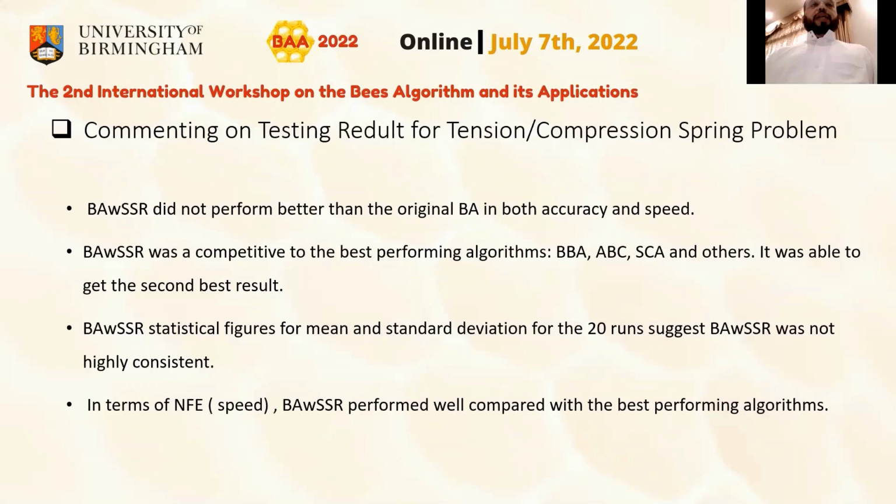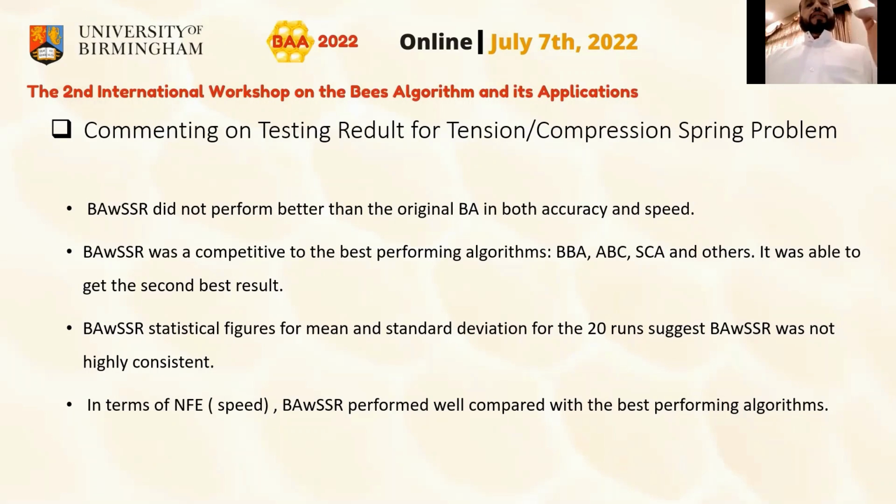Just to comment on the result, according to the table, the proposed algorithm did not outperform the original BA in both accuracy and speed, but anyway, it was competitive. It was able to get a good result.